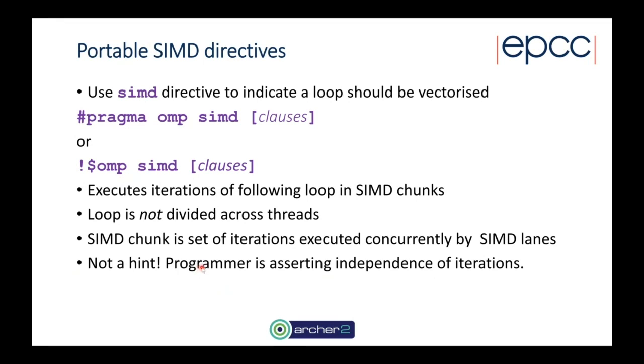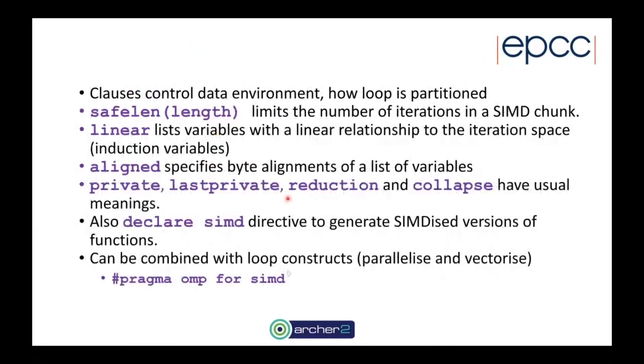And then there are various things you can tell it. This is one of the ones you can use to force the compiler to vectorize a different loop in your loop nest. So you can vectorize not just the innermost loop with this, you can compile it to vectorize at a higher level. You can tell it things like the size of vector units you're using, various things about different variables in there.